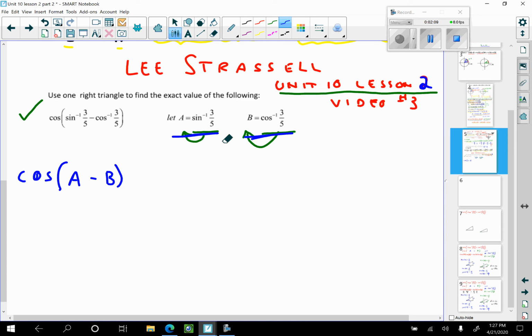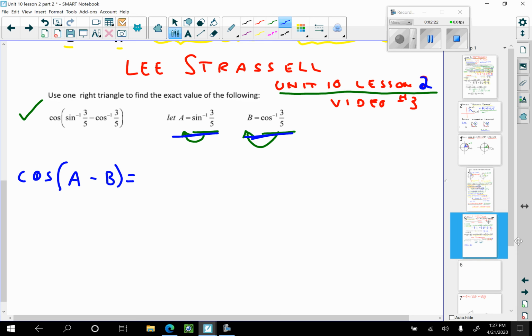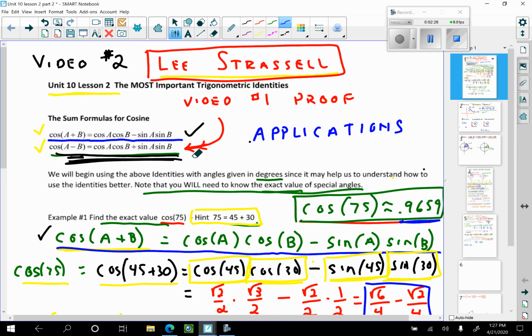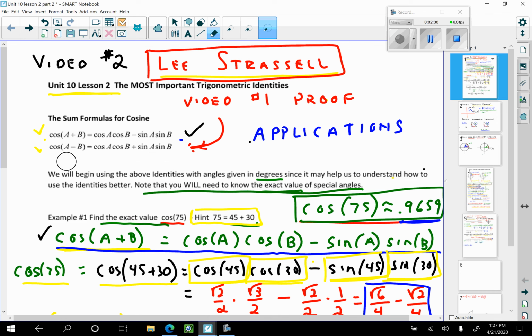Now I want to use the difference formula for cosine, and we can go back and review that. We have it in our notes. I'm going to go back to the original document here, which gives us the formula for the cosine of the difference of an angle.